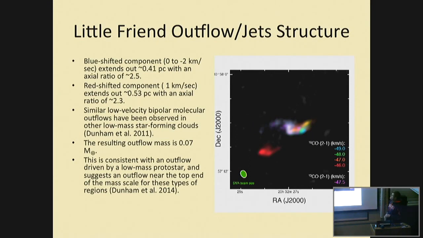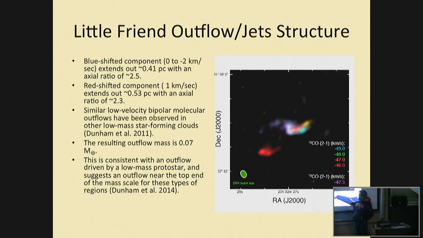In terms of the physics of the little outflows, these are blue shift and red shift components. These give the size and the radial velocity, and these are very typical of what you find in these outflows. These low velocities have been observed in several mass-forming regions. We've estimated that the resulting outflow is around 7/100ths of a solar mass.